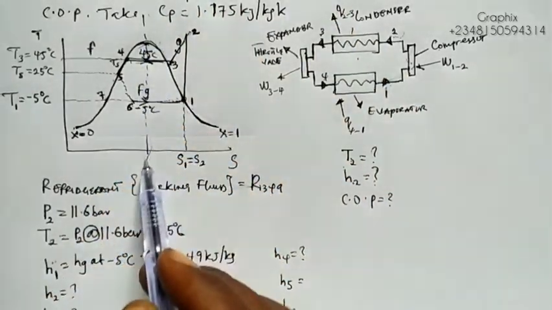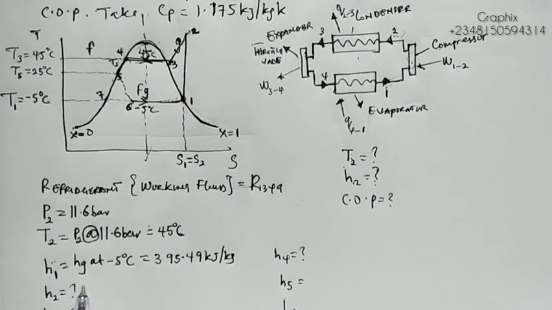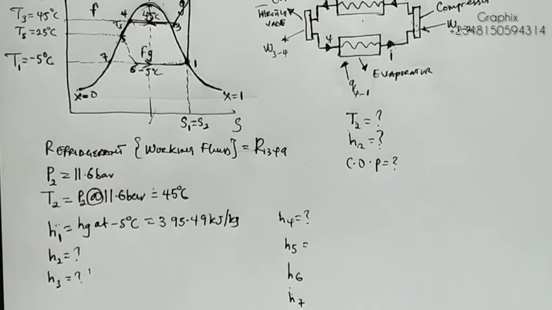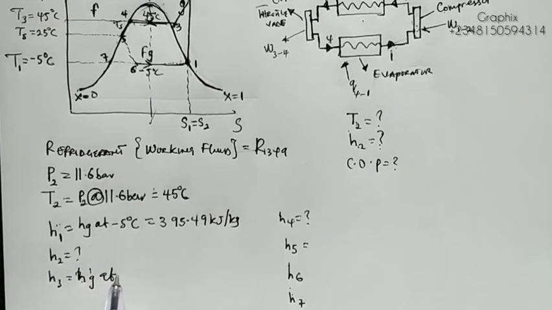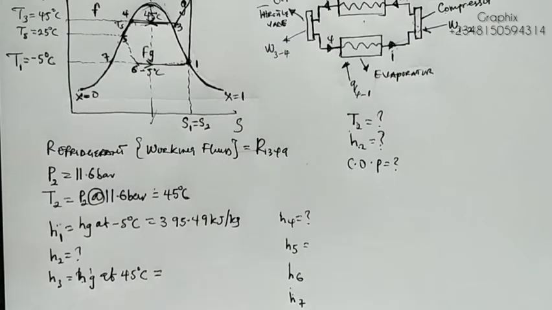Now I divided it into two. This side is gas, so it will be Hg. H3 will be Hg at 45 degrees Celsius.